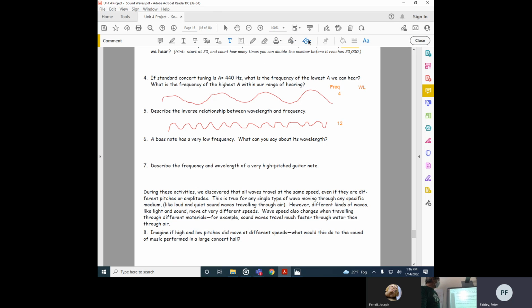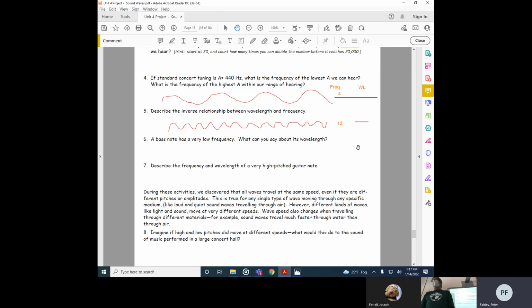If I take a line and I draw from peak to peak, that's the wavelength. From one peak to the next is the wavelength. So look at the wavelength on this one. It's that big. On the other one, I draw a line from peak to peak, like that about. And how long is that wavelength?